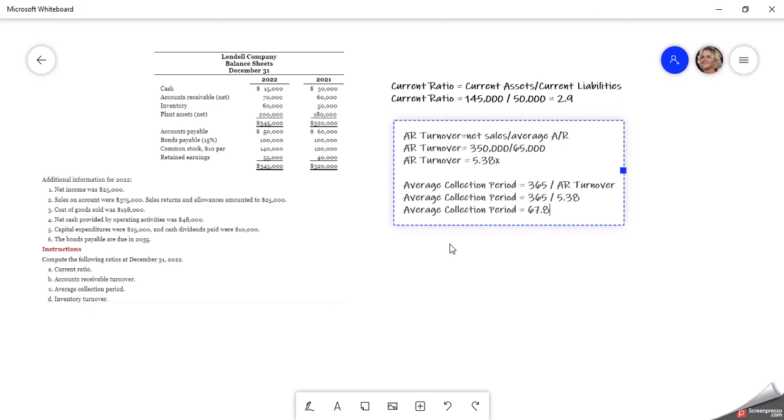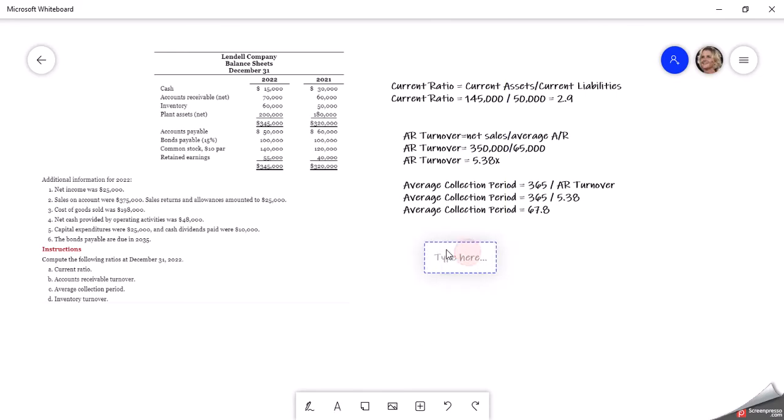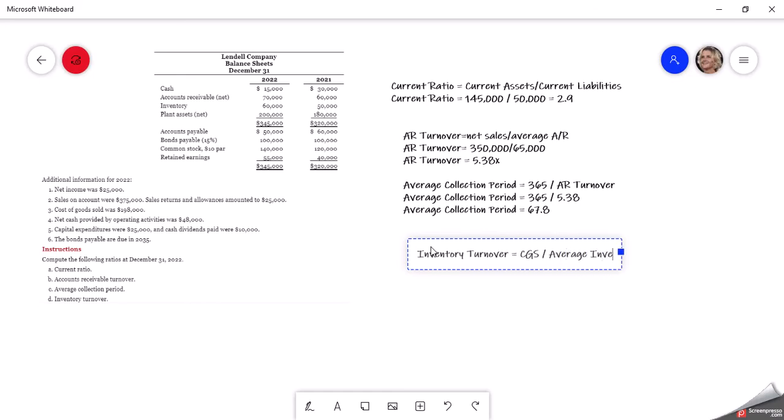Okay, then if we move on to our inventory turnover, which is our last one. The formula for our inventory turnover ratio is our cost of goods sold divided by average inventory. So again, we see the average inventory, so we know we have to do a little work to figure that out.